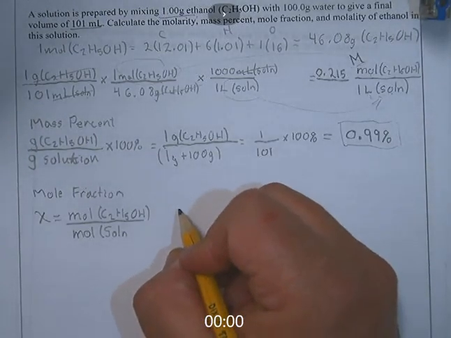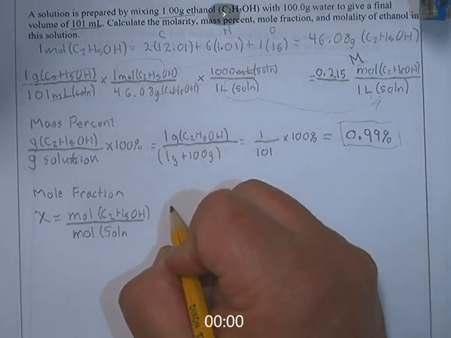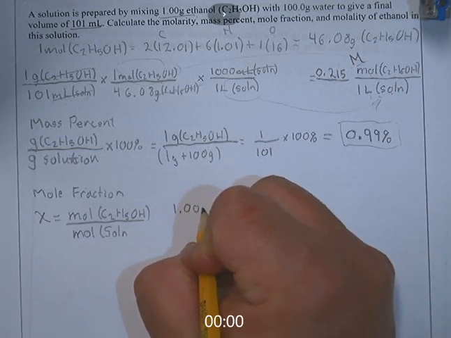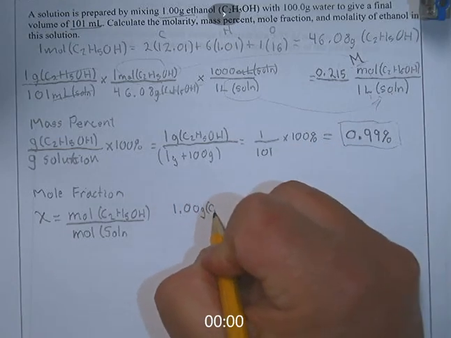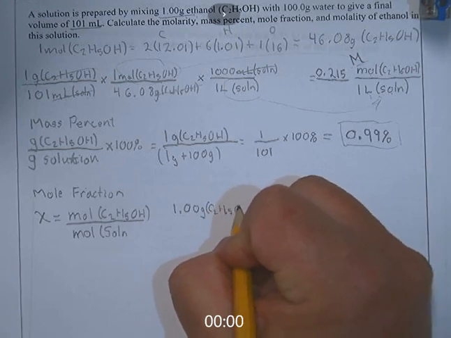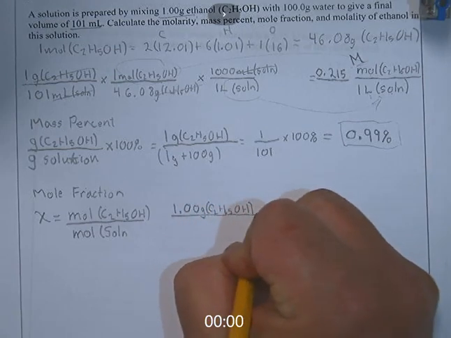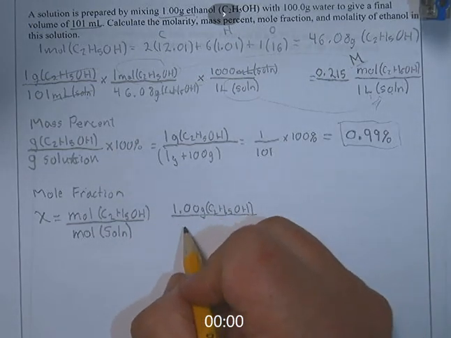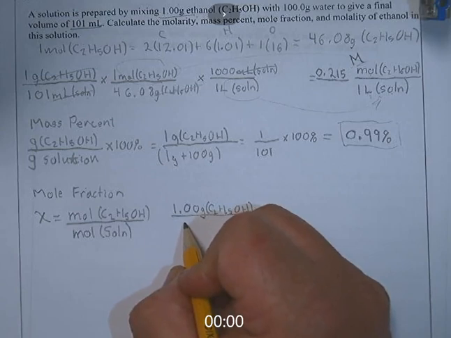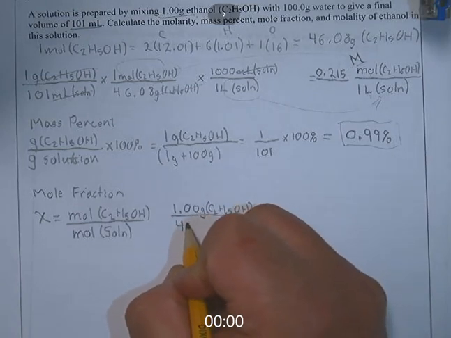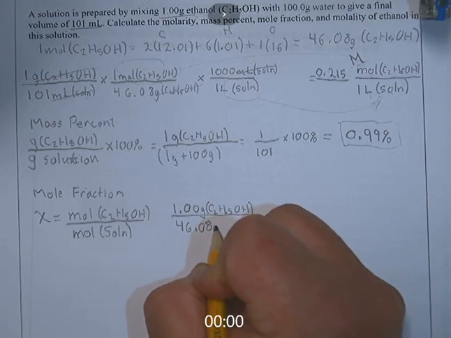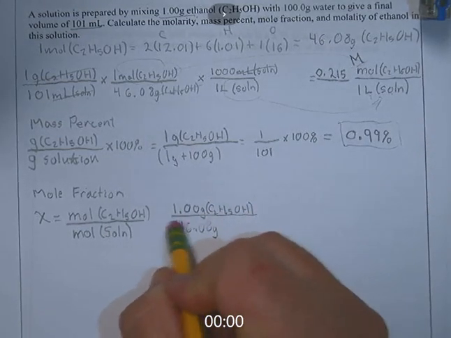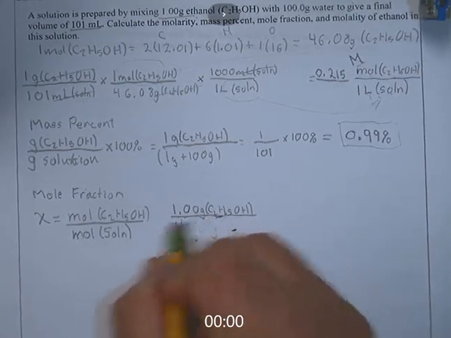So for ethanol, we have 1.0 grams over the molar mass of ethanol, which is 46.08 grams. We're making a mole conversion, so let me change that.